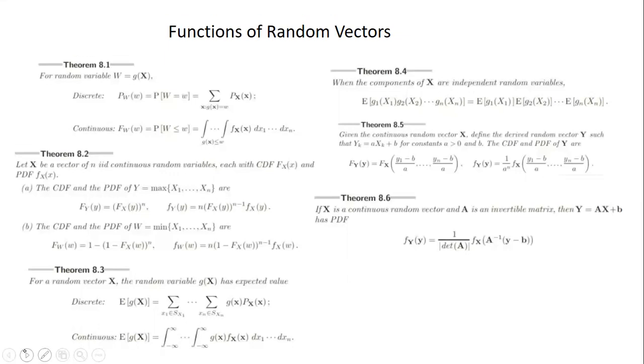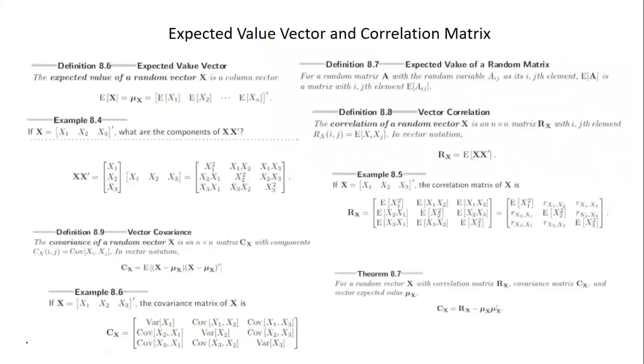Okay, here we have some theorems. I will skip them. You can study this simply, and these are just extensions of previous theorems that we have studied so far. So here the examples, definitions and examples.